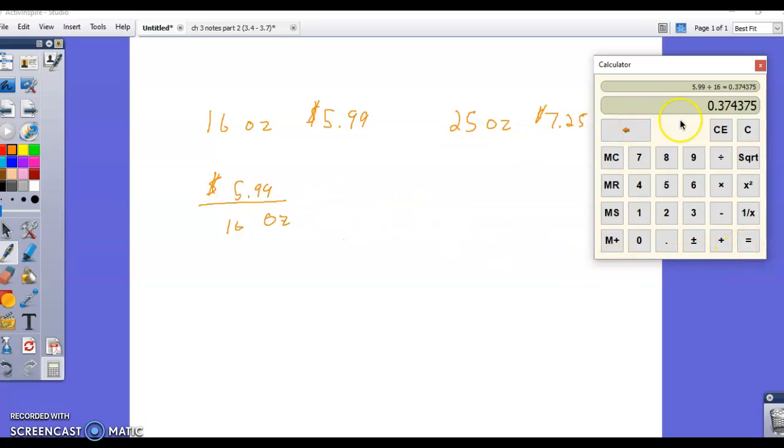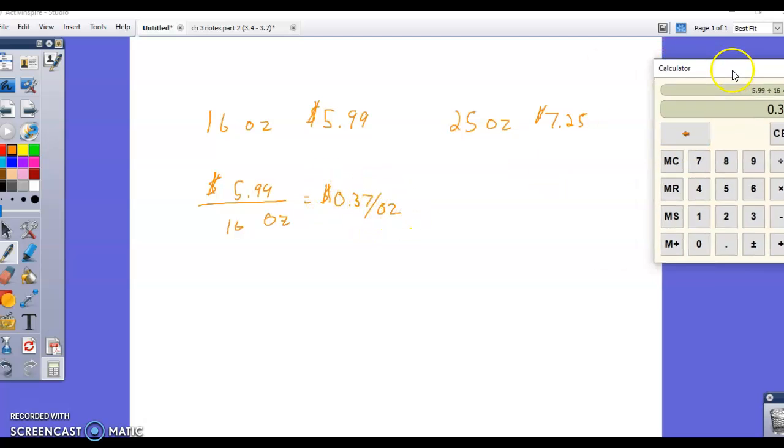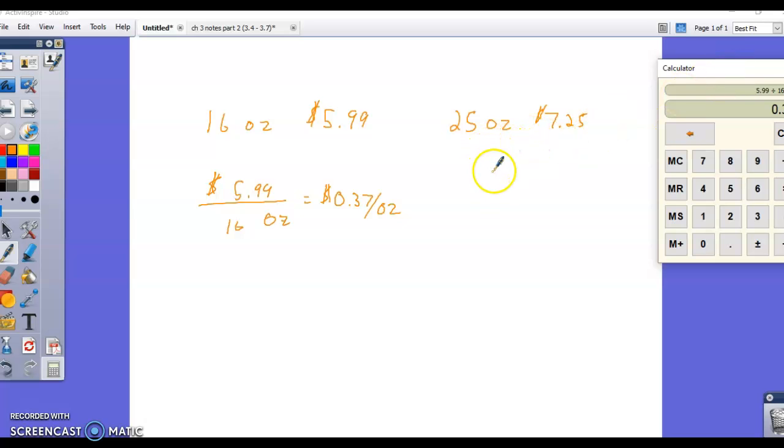That gives me, and again, we're talking money, so I'm going to round to the nearest cent, which is that 100th spot. That 4 tells me to keep that the same. So this is 0.37 dollars, or 37 cents per ounce. All right, so now we're going to set up the unit rate here.